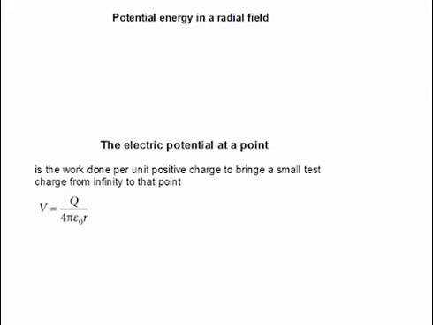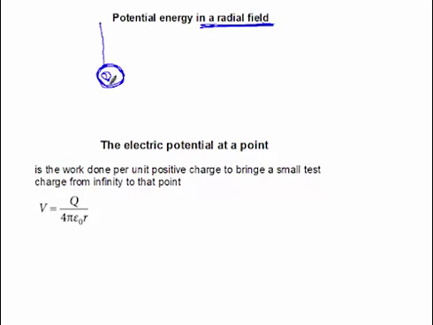Now here let us go for the potential energy in a radial field. Now we are talking about a point charge, or a spherical charge conductor also can be dealt as a point charge, because the charge is concentrated in the center of the sphere. So we are in a radial field, so consider that we have here a point charge Q, a positive for example.